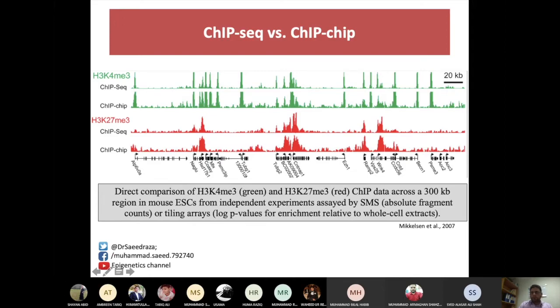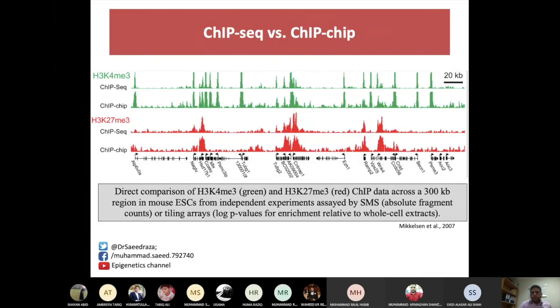Still you could see that more or less a similar pattern is present in both techniques, both data assemblies. But again, chip-on-chip has background, or it is more sensitive because it gives you lots of peaks which are not that prominent in CHIP-seq data. That means CHIP-seq is more specific.